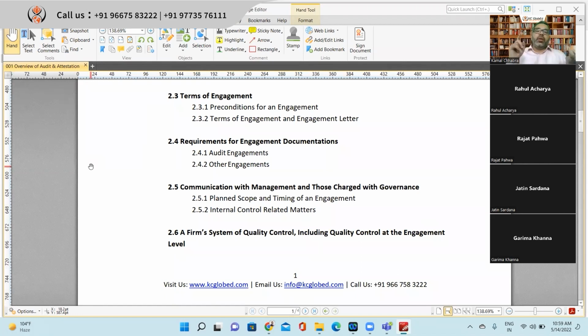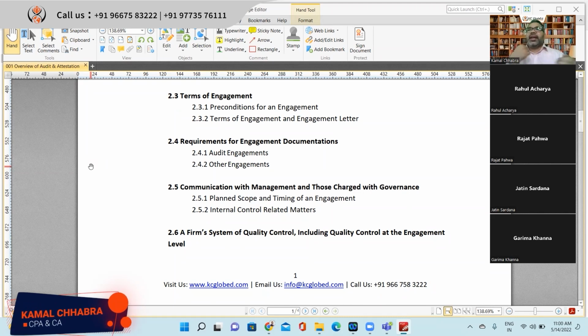This also includes attestation engagement, review engagement, and agreed upon procedures. Whatever the engagement you are doing for any entity, individual, partnership firm, trust, or corporation, whether it's an S corporation, C corporation, LLP, or LLC, it is your primary responsibility to make sure all the scope of work is clearly laid down in an engagement letter and appropriately signed by the client, right?